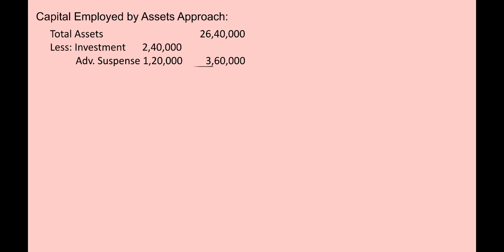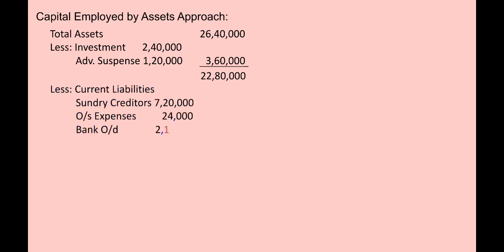It gives us 22,80,000. Then we will deduct current liabilities from this. Those are sundry creditors, outstanding expense and bank overdraft. On deducting, we get rupees 13,20,000.